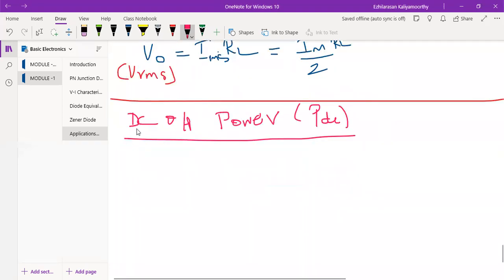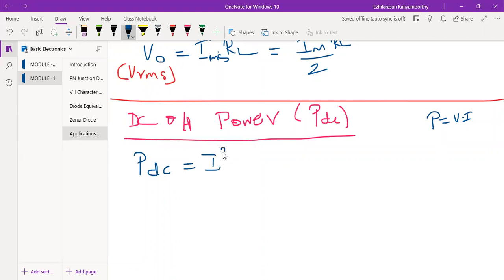As you know the power relation, P is equal to V into I. You can take anything actually. In terms of I, PDC is equal to I square DC into RL.